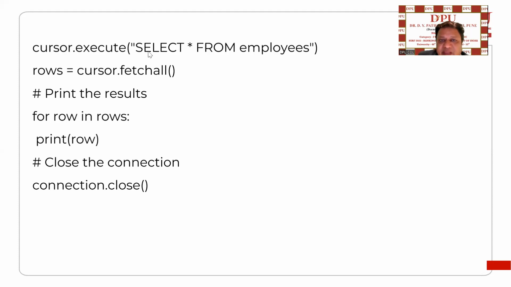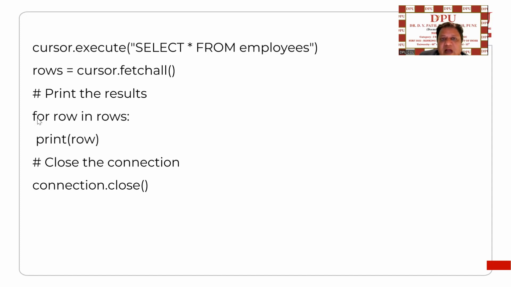The previous command has simply executed the select query, which means all the records from the employees table are now in the cursor. So to fetch the records from the cursor, you need to call the fetchall method, which gives you all the rows that we have selected with the help of cursor.execute.